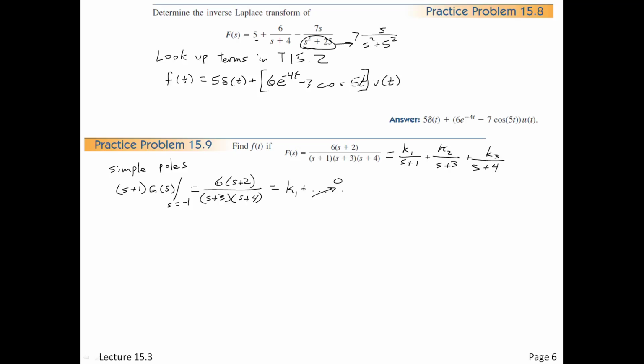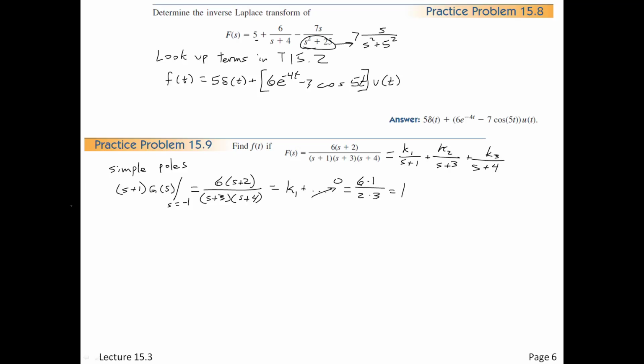So we simply need to plug in and evaluate k1, and that's 6 times minus 1 plus 2, 6 times 1, over 3 minus 1 is 2, times 4 minus 1 is 3. So this looks like 1.